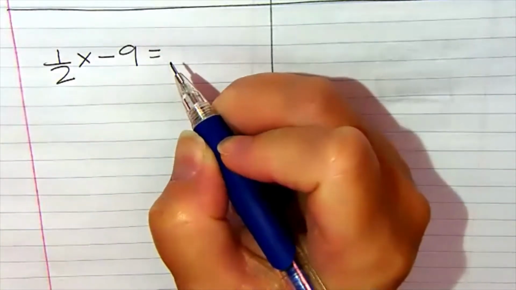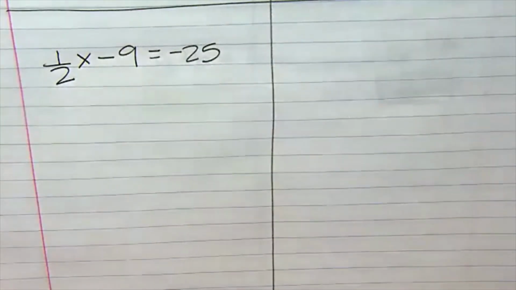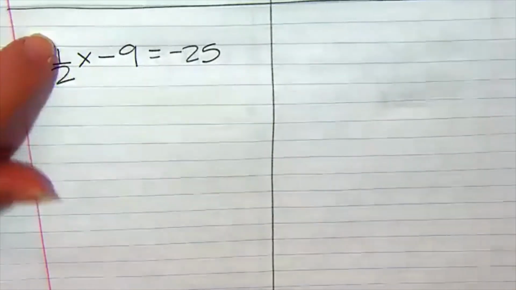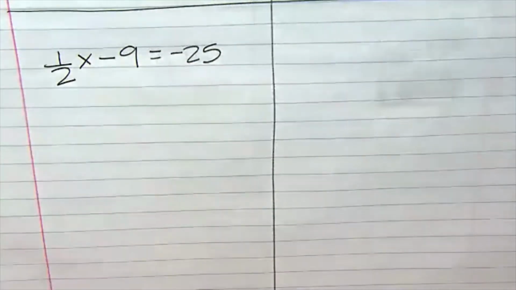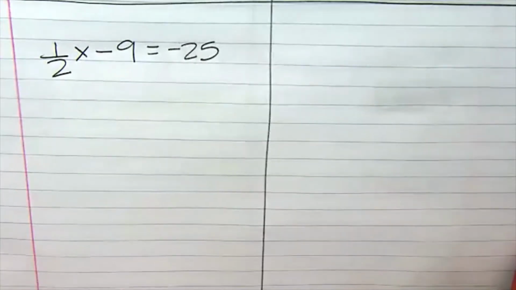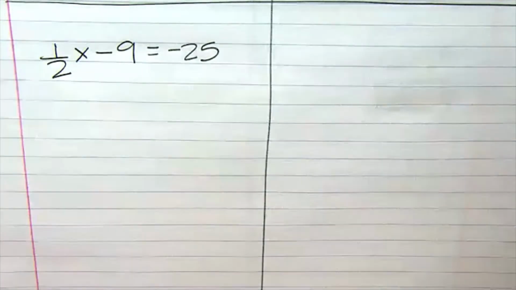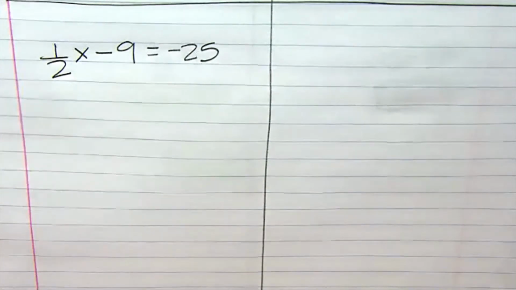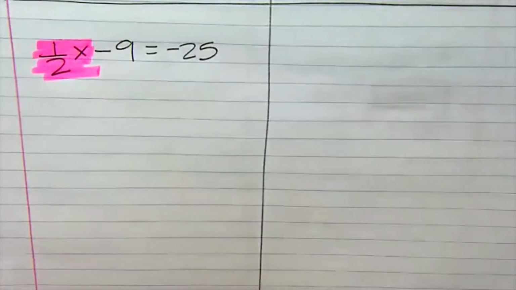Ooh, fractions. It's okay. So we have 1/2 x minus 9 equals negative 25. And remember, minus and negative can kind of be used interchangeably. So just like before, my goal is to isolate the variable.